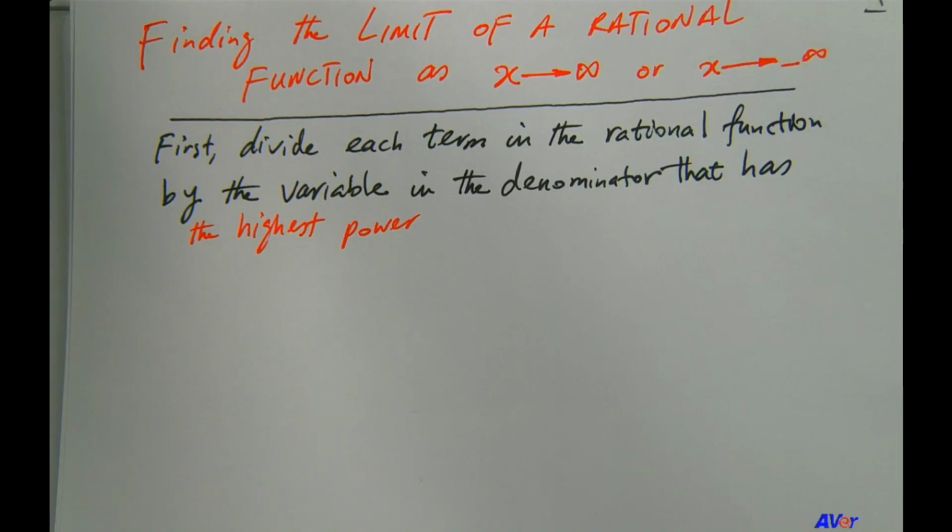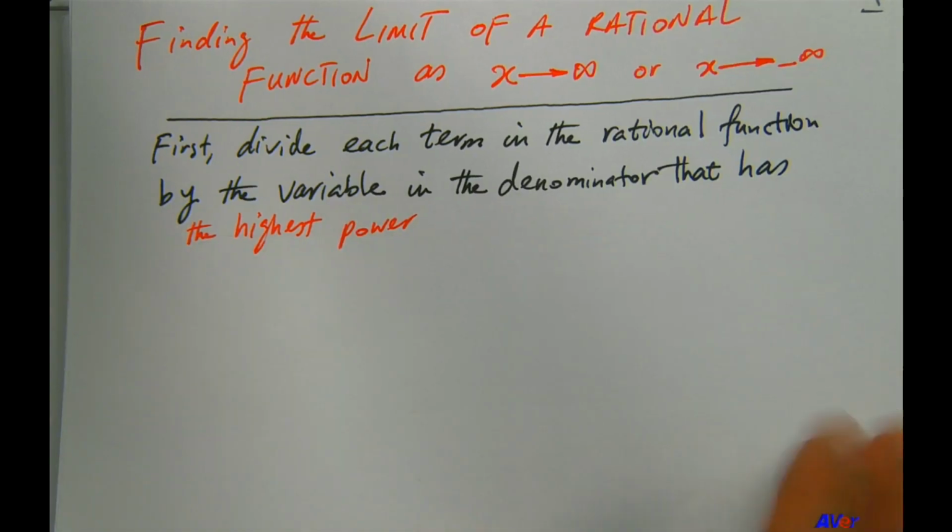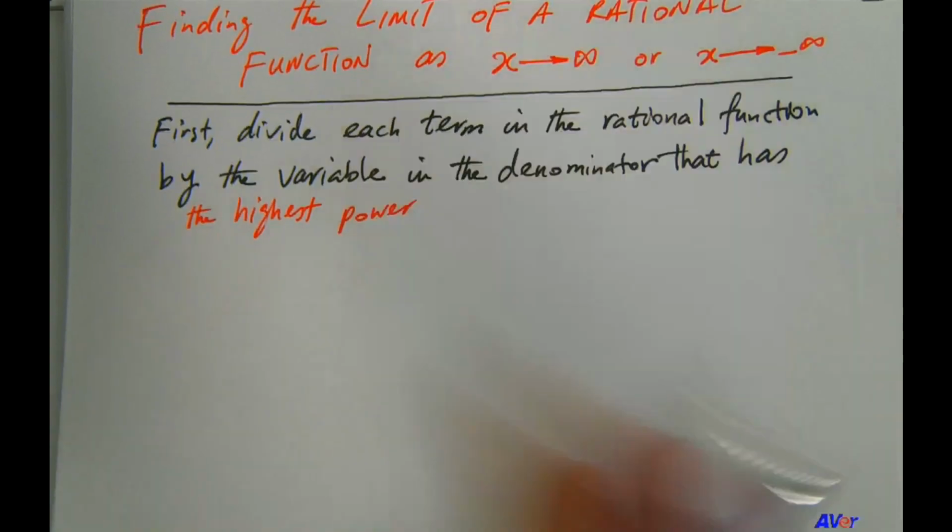It just takes the x variable in the highest power it has and divides each term in the rational expression by the x to the highest power shown in the denominator. And this is just a description of it, but once you see examples, you know exactly how this works. It's pretty straightforward.